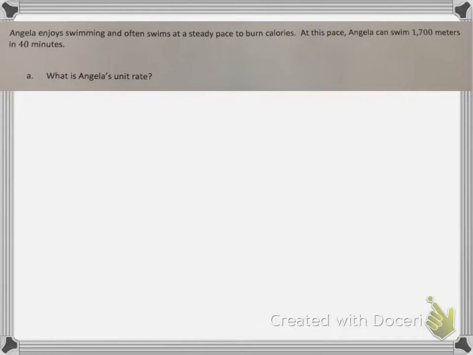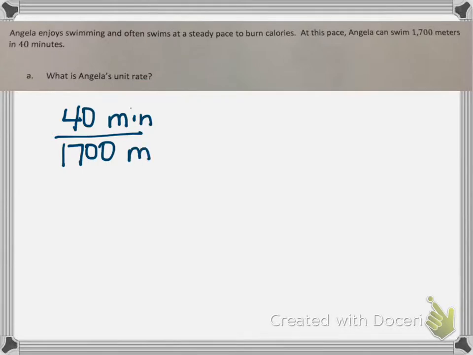Okay, so if I write my rate this time as 40 minutes compared to 1,700 meters, I then have to again change my denominator to a 1.